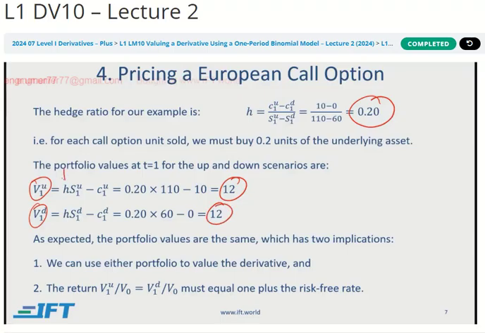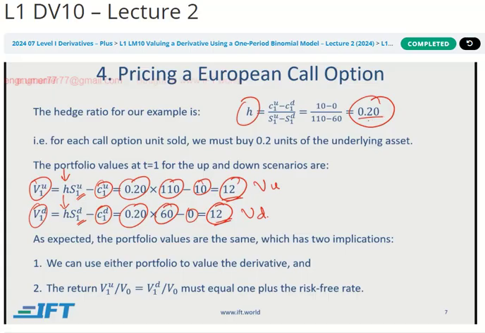So now that we plug in this hedge ratio over here, we take the spot price when it is up and multiply with the hedge ratio, and we take the spot price when it is down and multiply with the hedge ratio, and the call option value when it is up and the call option value when it is down. The value if it goes up and the value if it comes down is the same, because we made it so, right? We made them equal each other, and then we calculated the H value for a point where both value up and value down will be the same.